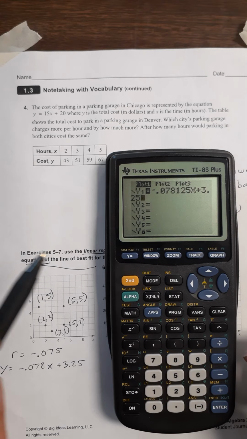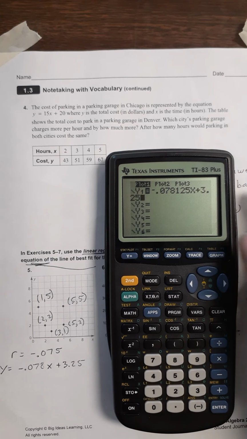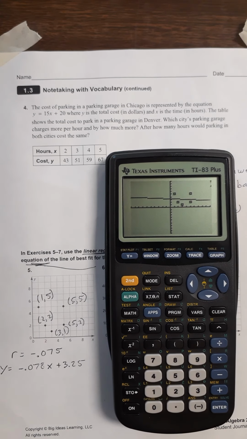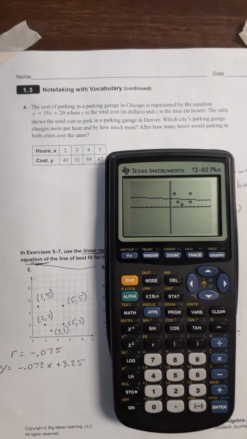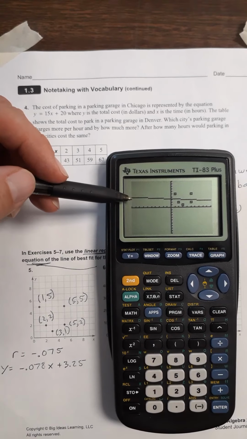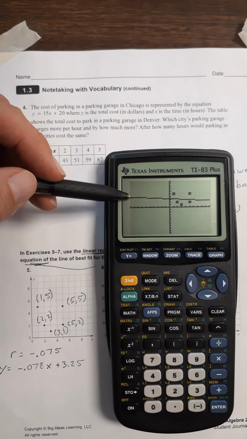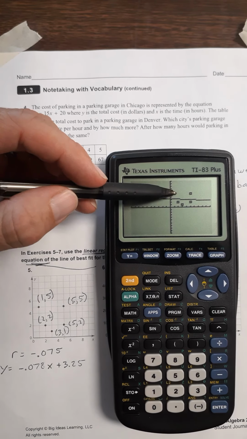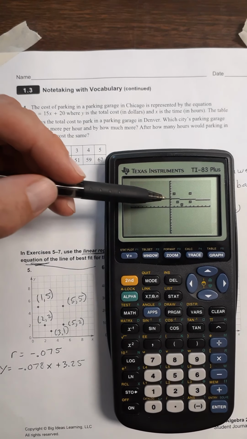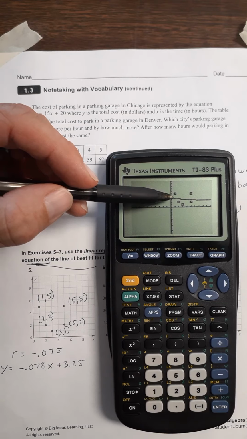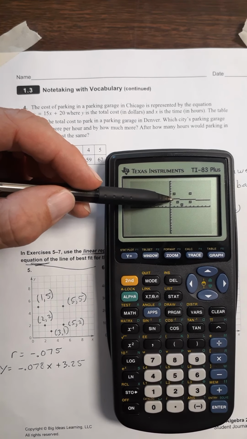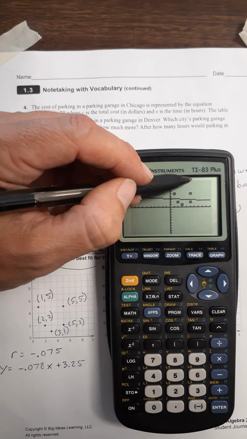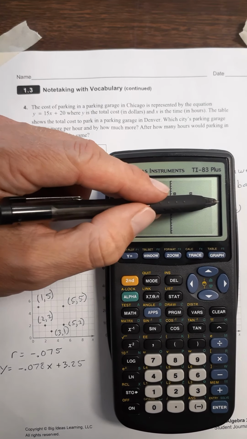All right. So now I have that, and watch what's going to happen if I graph it now. So the calculator has decided, doing what it does, that this is the best prediction line for this data. When I look at this, I'm like, this line's doing a terrible job of predicting the data. If anything, I think the data looks more like this shape, not this at all.